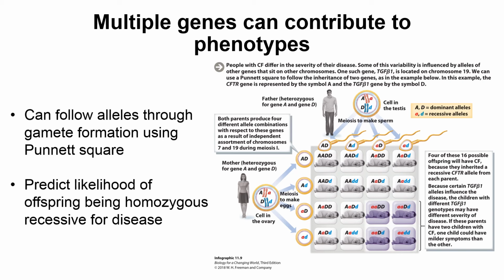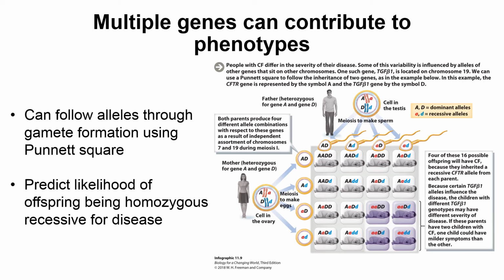All right. So the first gamete that he can produce is a gamete that is dominant for both of these alleles. And the second gamete that he can produce is a gamete which is dominant for the CFTR gene and is recessive for the TGFB1 gene.